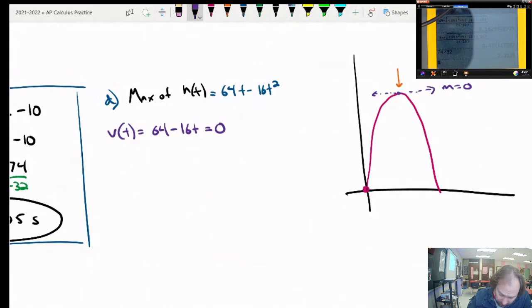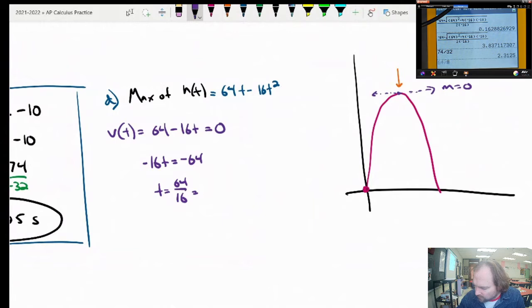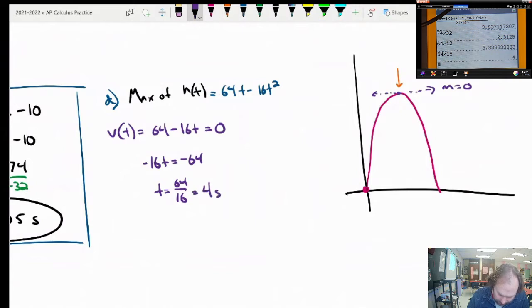Negative 16t equals negative 64, and so t equals 64 over 16, which is a pretty solid 4. Happens at 4 seconds.